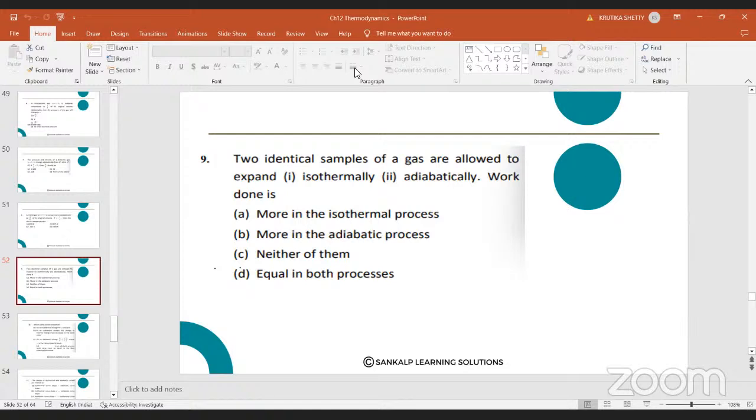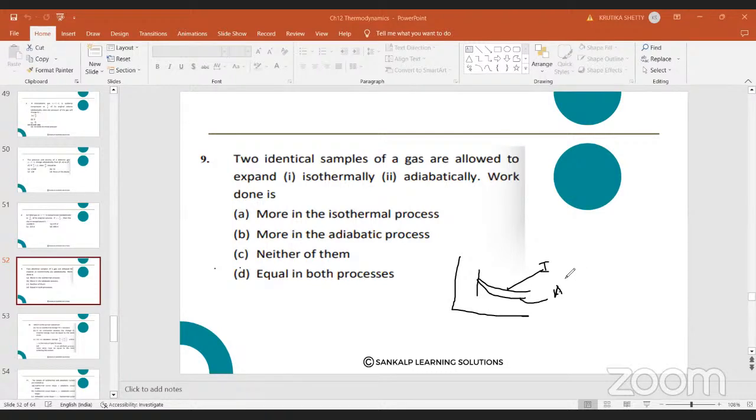Work done is more in the isothermal process, more in the adiabatic process, neither of them, equal in both processes. If you see the graph of the isothermal and the adiabatic process in terms of PV graph, it is somewhat like this. This curve is for the isothermal process and this curve is for the adiabatic process.